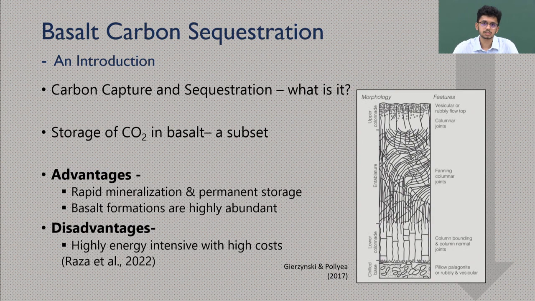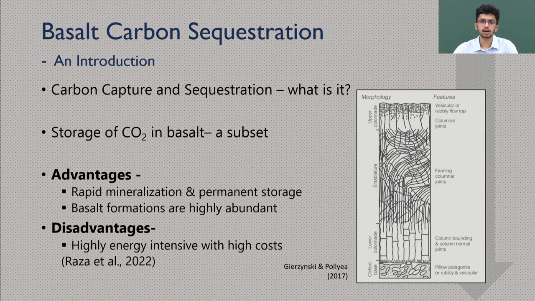We all know that basalts are filled with minerals which contain cations which can react very rapidly with carbon dioxide. These minerals can react with carbon dioxide and produce new secondary carbonate minerals which can lead to permanent capture of carbon. Now this permanent capture of carbon dioxide reduces or completely stops the risk of leakage in the future, which is not the case in sandstone carbon sequestration.